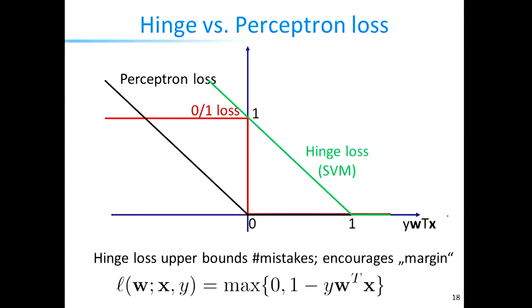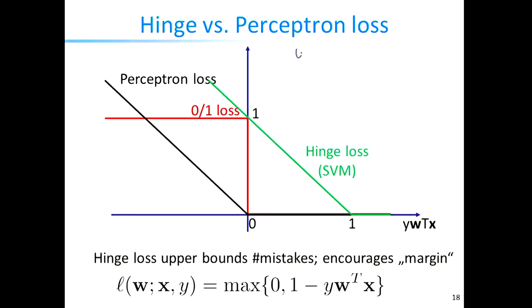So what does this mean? Well, if you think about the empirical risk associated with this new loss function, it's called the hinge loss, then it, in fact, upper bounds the number of mistakes on our training data. Okay, so that's a particular numerical interpretation of it.